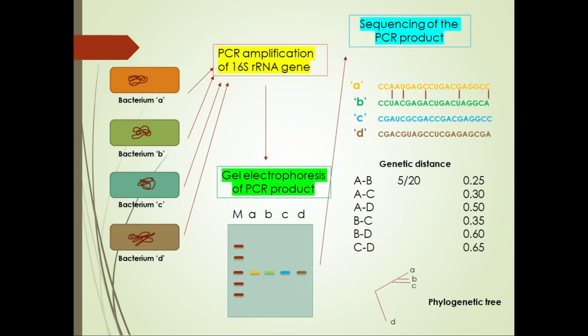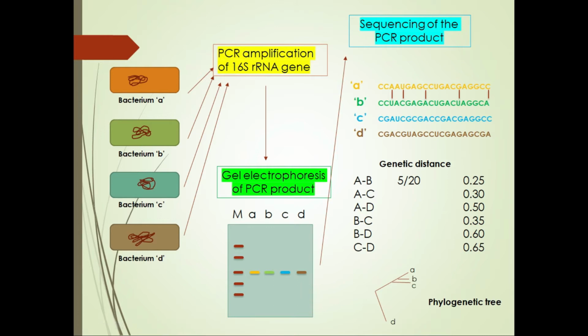Now, when we compare the sequences of A with B, we find that out of 20 nucleotides, 5 nucleotides are not matching. So, compared to A, B has 5 mismatches. These are the points where the mismatches occur. We got a different nucleotide in this position, this, and these positions.